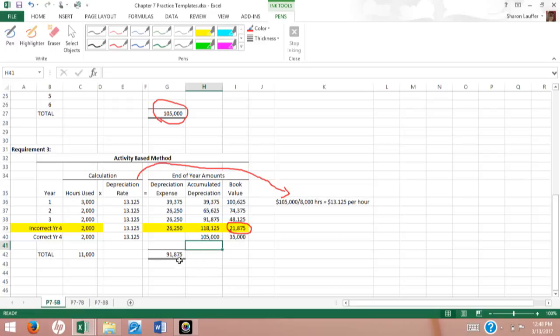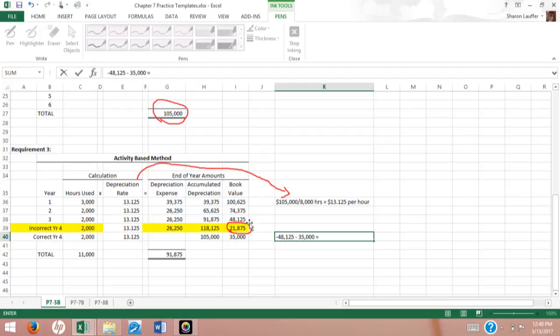So if we back into this amount, we're going to do that by calculating the depreciation expense that we need to get down to the book value amount. So at this point, at the end of year 3, we had a book value of $48,125, and we need to get down to a book value of $35,000.